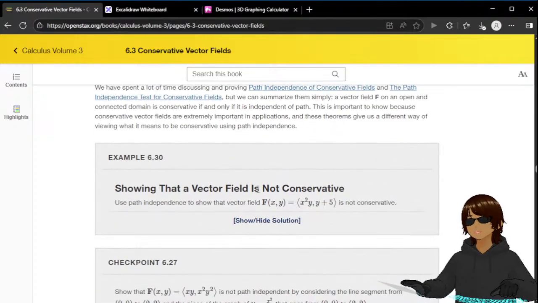Showing that a vector field is not conservative. Use path independence to show that vector field F is not conservative.